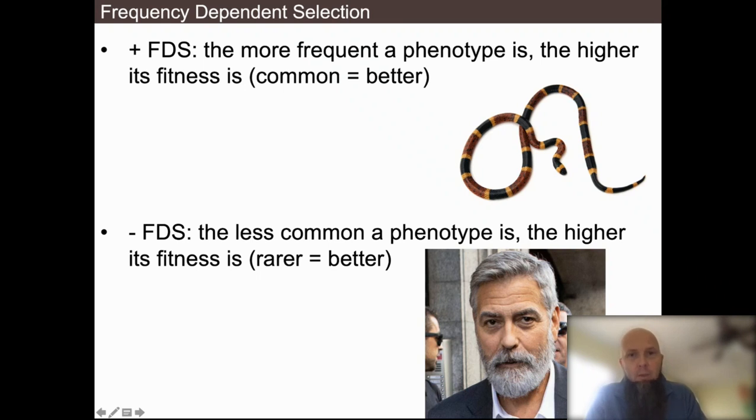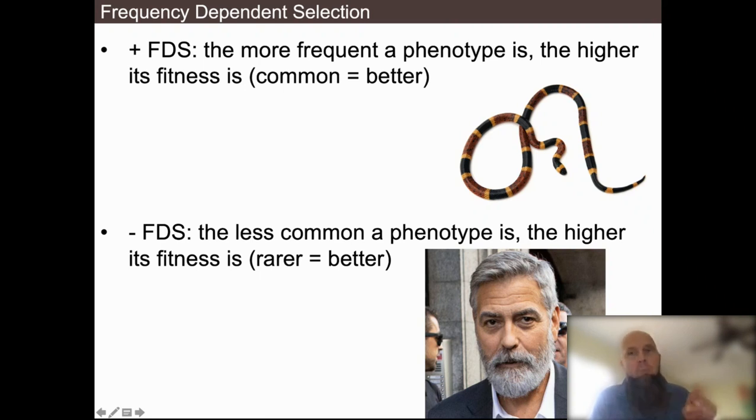So these are two different examples of selection regimes in which the fitness of a phenotypic trait is entirely determined by how abundant that trait is. And there can be a direct relationship between abundance and fitness, right?